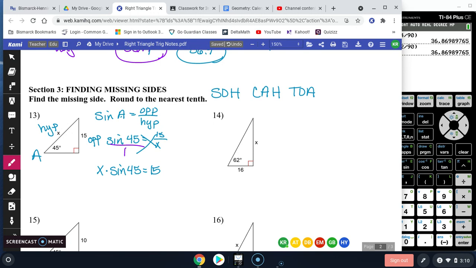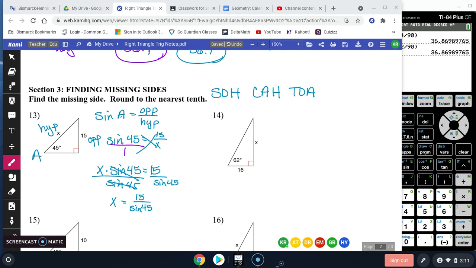To solve for x, I'm going to divide both sides by the sine of 45. So this cancels there, and I have x equals 15 divided by sine of 45 degrees.